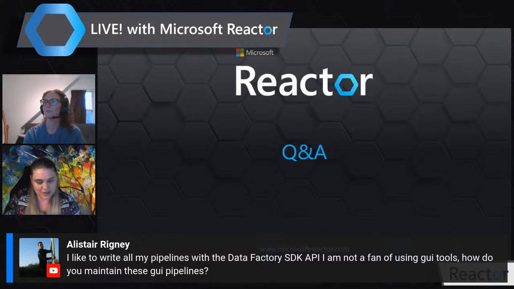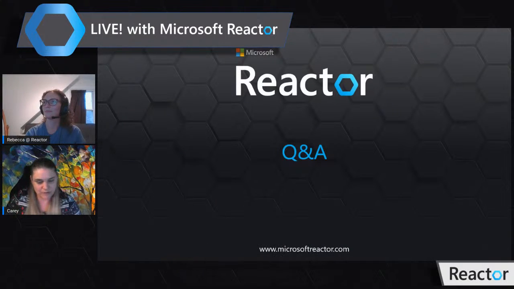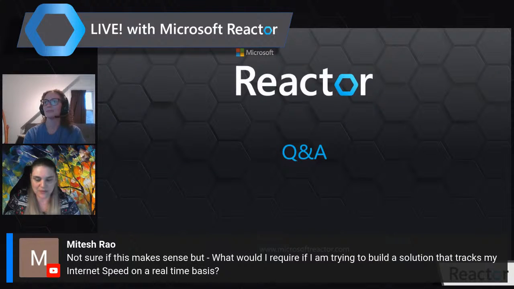And Mitesh asks, what would I require if I'm trying to build a solution that tracks my internet speed on a real-time basis? So you would require some sort of method to read your speed, and then you would ingest that into Azure.